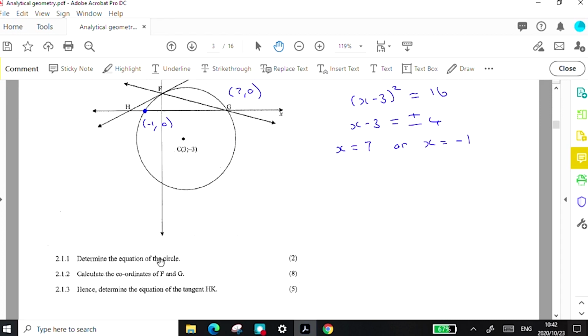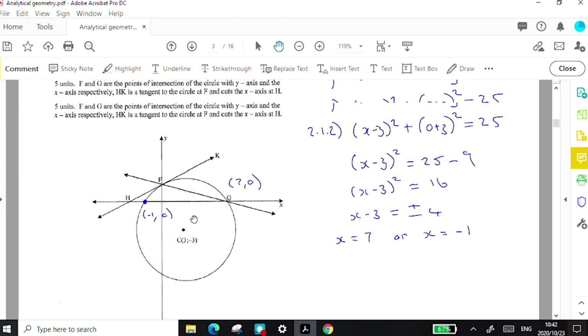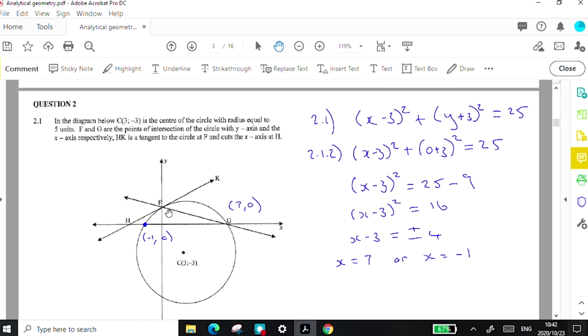We need to find the coordinates of F. To find the coordinates of F, F is located at a point when x is 0. The x value is 0. So we'll go back to our equation and replace x with 0.